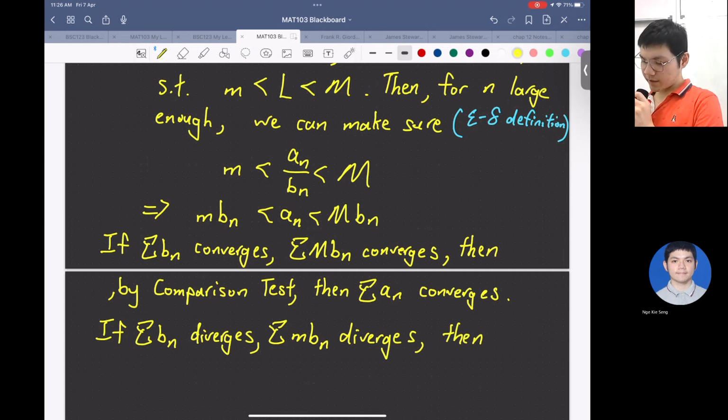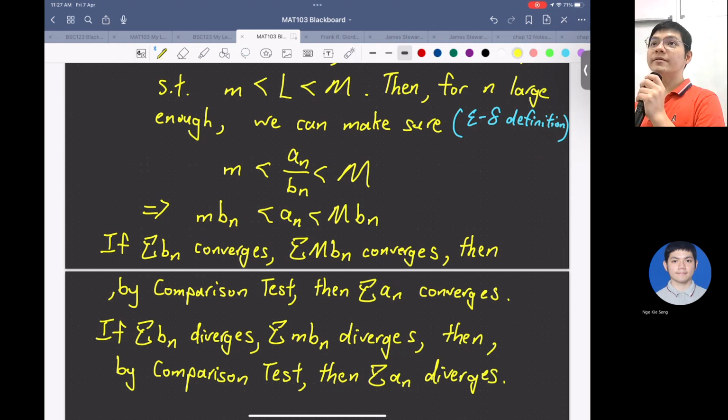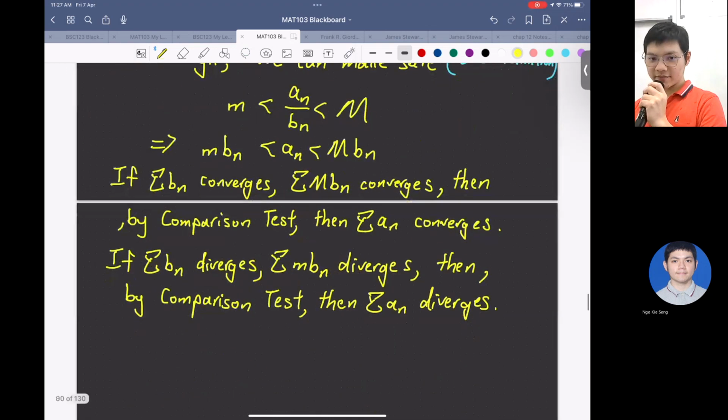Then by the comparison test again, the infinite series of an diverges. Do all of you agree? Okay, good. Next.